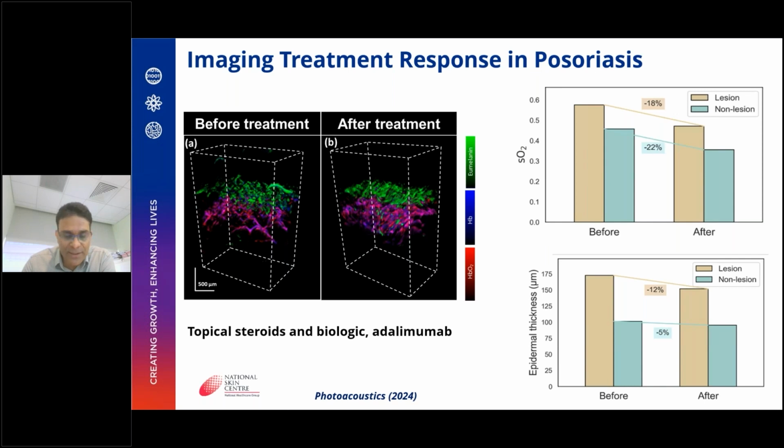Although statistically non-significant, this reduction aligns with an anticipated inflammation mitigation in the skin post-treatment. Similarly, a quantitative decrease in epidermal thickness is also observed after treatment. The key point is that these metrics could be used as an objective method to assess the treatment response, which will help clinicians to tailor the treatment and adjust the dosage.